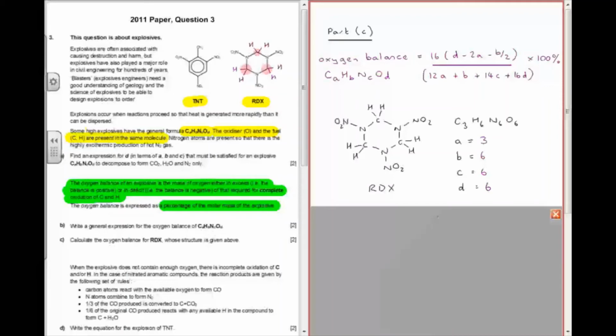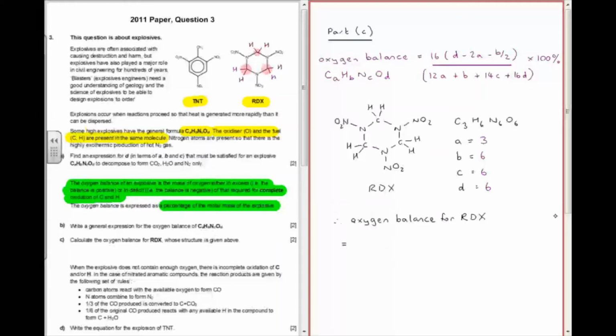To complete the question, it is now simply a matter of substituting each of these values into the equation.